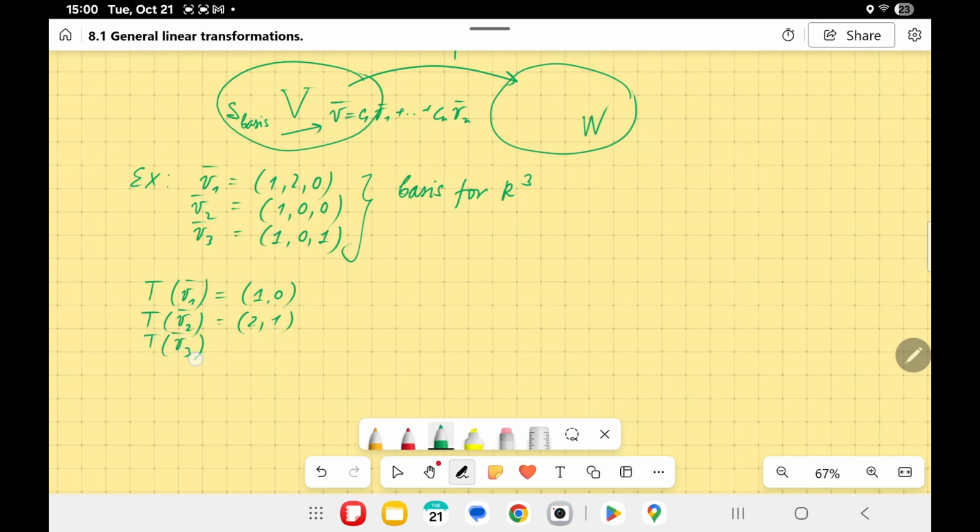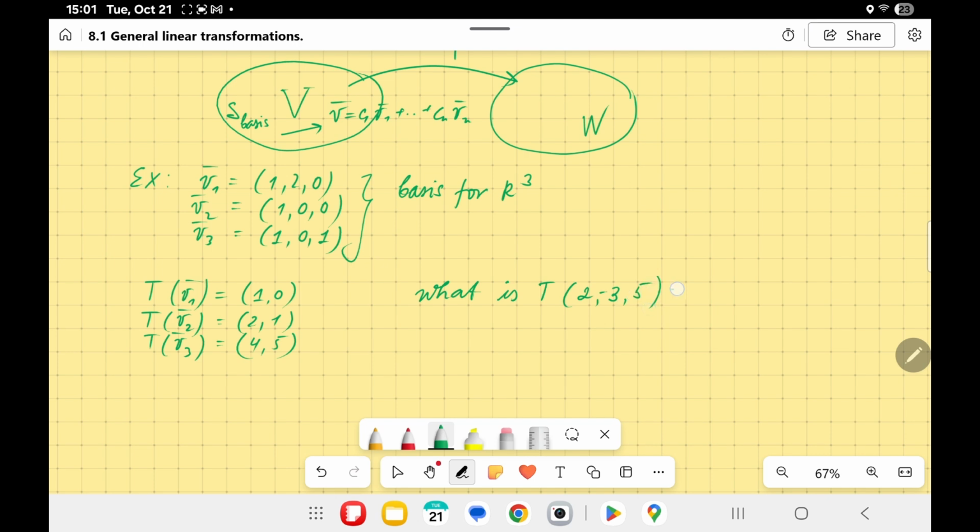Now, let's consider a transformation which turns vector v1 into (1, 0), turns vector v2 into (2, 1), and turns vector v3 into (4, 5). Again, just some transformation. Now the question is, what is the transformation of the vector (3, 2, -3, 5)?